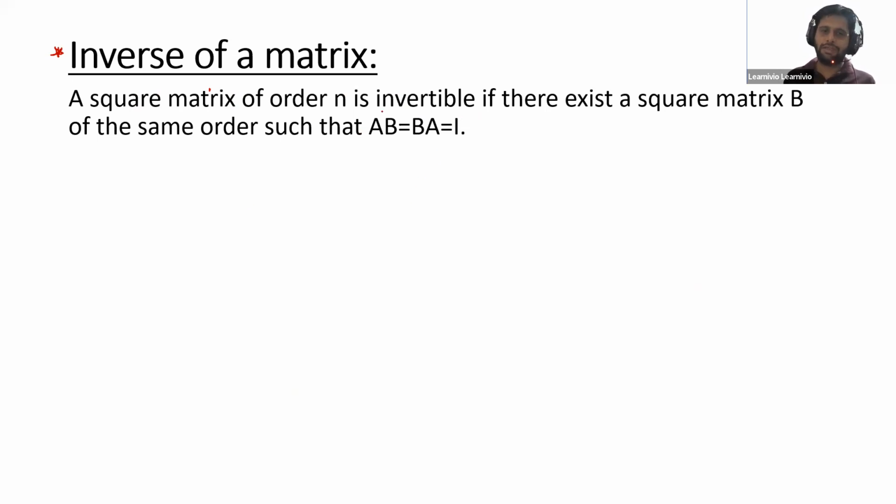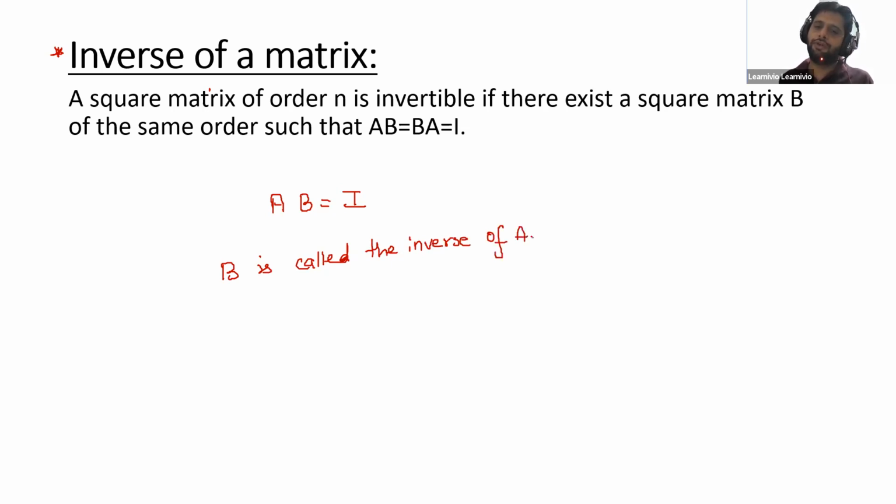Now, suppose, please leave this definition, check here. Suppose we have a square matrix A. If we multiply this A with another matrix B, and we get an identity matrix, then B is called the inverse of A. Suppose we have a number 2, we multiply it with 1 by 2, and we get 1.